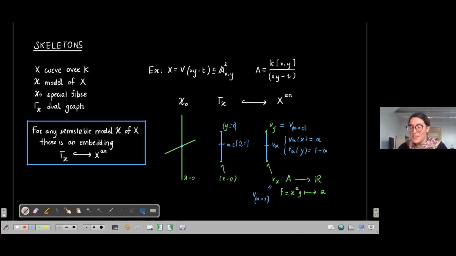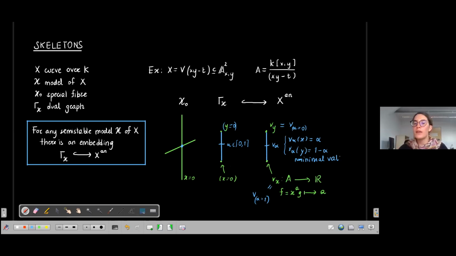Now, the question is, is this enough? Is it enough to impose V_alpha on X and Y? Well, it's enough if you say that you construct a minimal valuation with these properties. Then there is a unique point that you can construct, and basically imposing these two is enough if you also add the minimality condition.